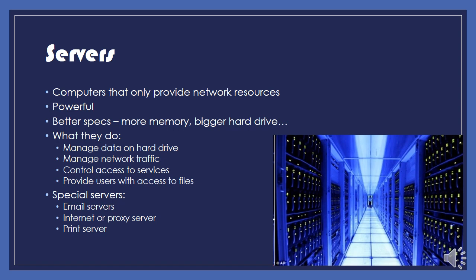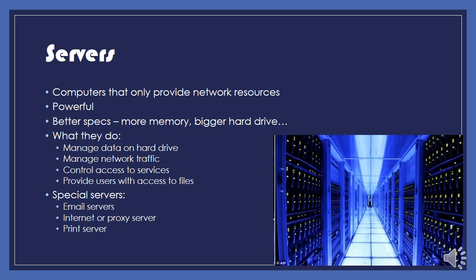So what do they do? They manage the data being transferred and stored on the hard drive. They manage network traffic. They control access to services, and they provide users with access to files.